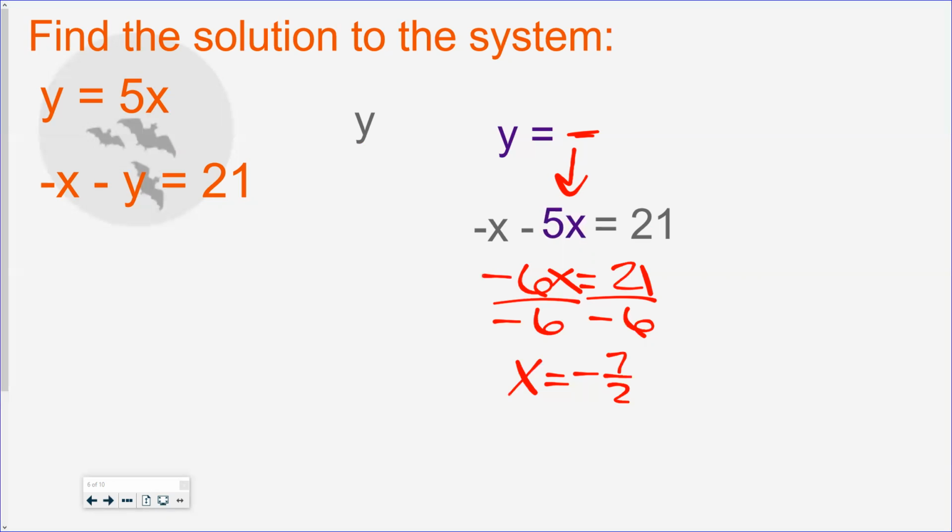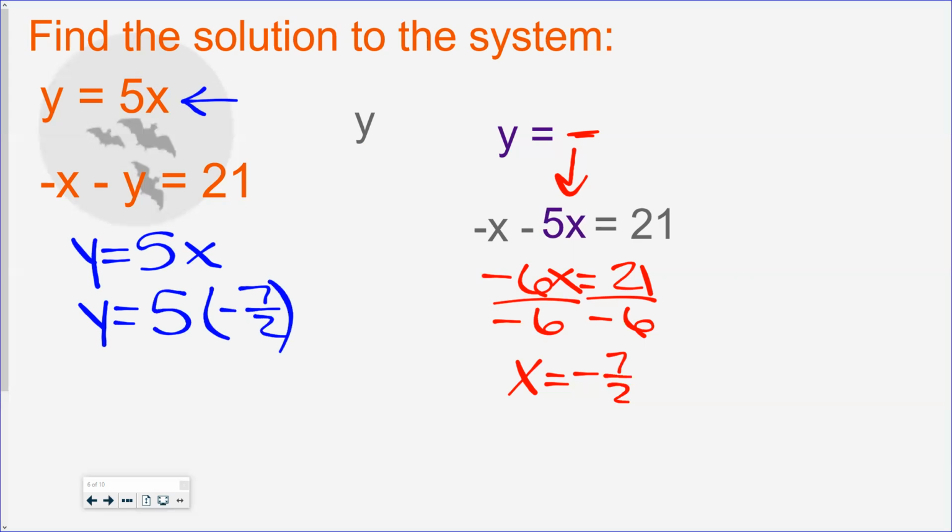So now that I have my x, I can go ahead and put that back into my y equals equation, because I did not have a number yet for my y. So I'm going to put my x value that I just got into my original equation to get y equals 5x, so y equals 5 times negative 7/2.